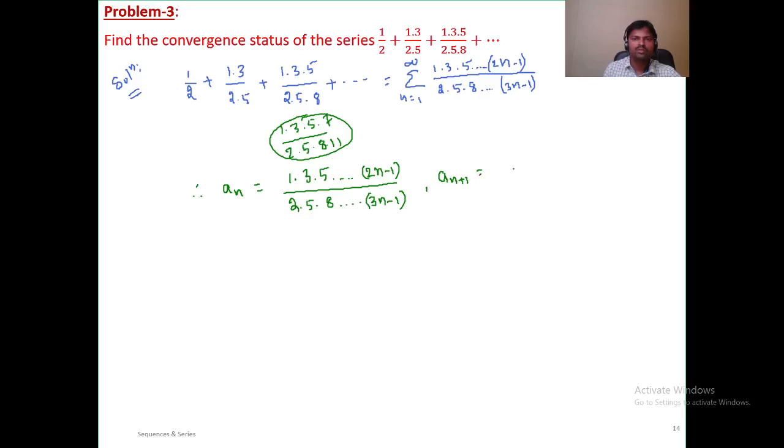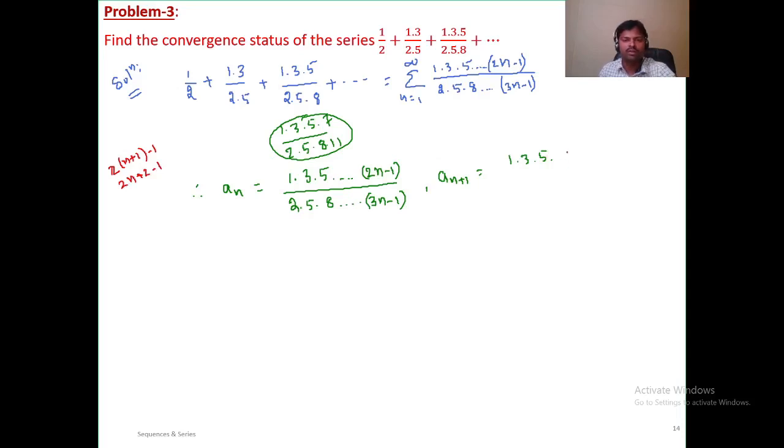an plus 1: wherever n is there, you write n plus 1. So 1 into 3 into 5, and instead of n, you write n plus 1. So 2 into n plus 1 minus 1, right? Instead of n, I am writing n plus 1: 2n plus 2 minus 1, so 2n plus 1 we get.